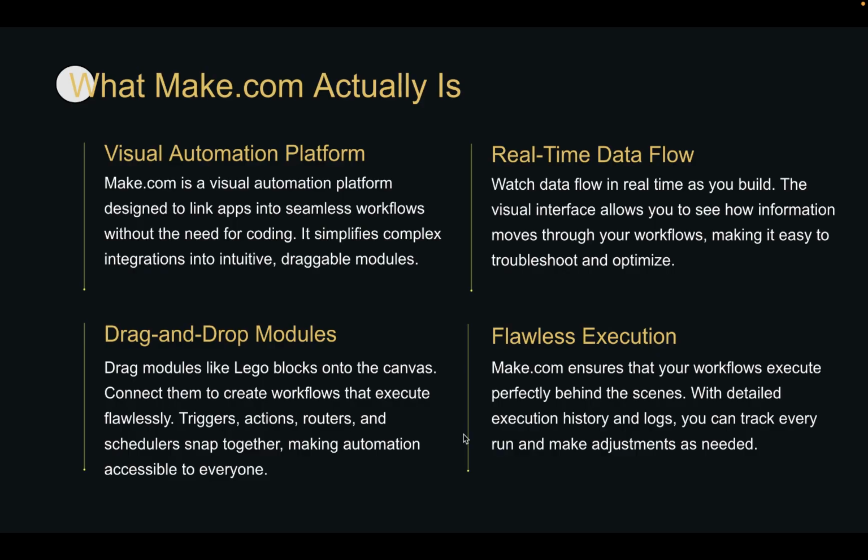And that way you can understand where there is an issue or if everything is perfect as you expect. Make.com ensures that your workflows execute perfectly behind the scenes. With detailed execution history and logs, you can track every run and make adjustments as needed. So whilst running your automation system, you can track if there's any error, and you make an adjustment until you get the perfect outcome.